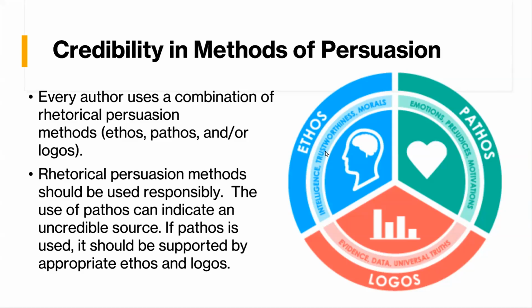So is that author trustworthy? Is that author educated in that field? And we also use ethos to describe the morals that come along with being a leader in a field of study. So people with PhDs, somebody who's an actual doctor has the ethos necessary to give medical advice, right?